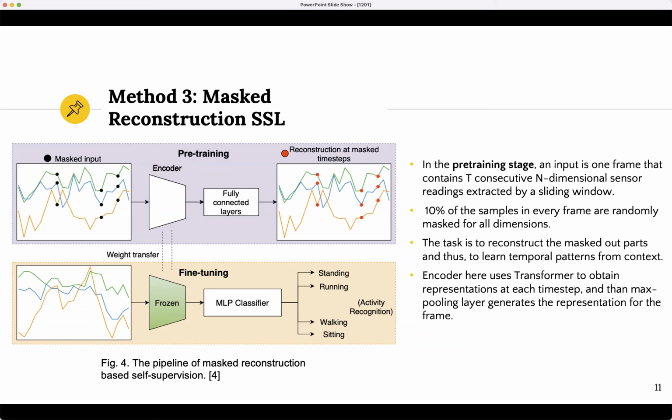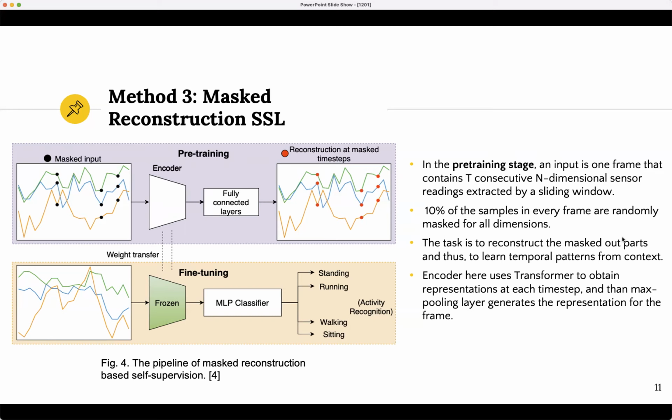In the pre-training stage, the input is the same as the last method: one frame that contains T consecutive n-dimension sensor readings. Here n equals 6. 10% of the samples in each frame will be randomly masked for all dimensions.